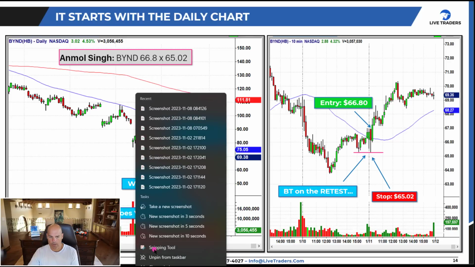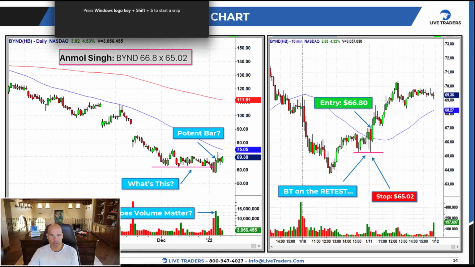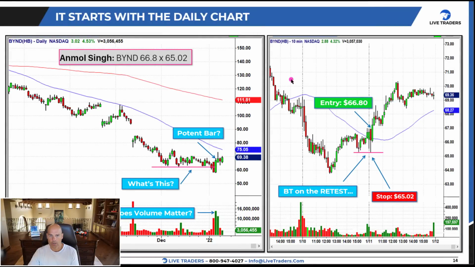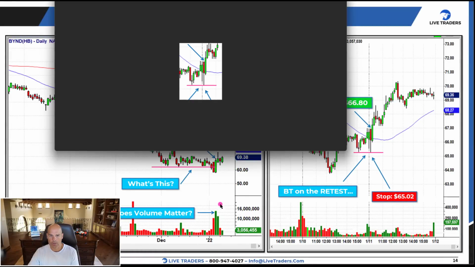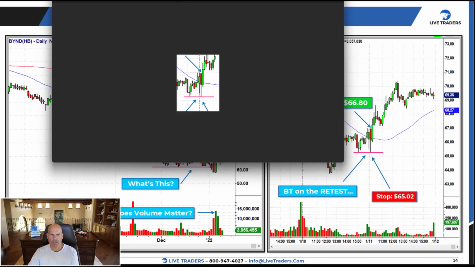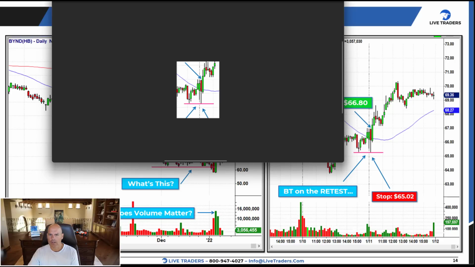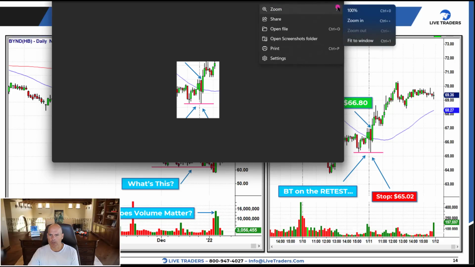kind of snipping tool. All right, let's try this. Let's see if this works. Come on, snipping tool. How do I increase the... No, I don't want a new screenshot. Come on. Nope, that's not doing it. Sorry, guys. Zoom, there we go.